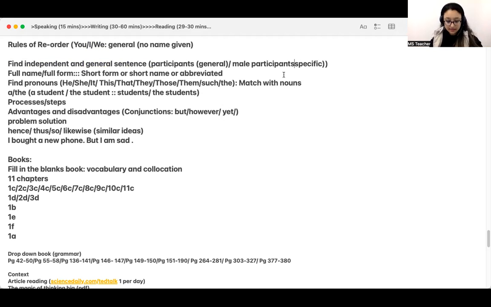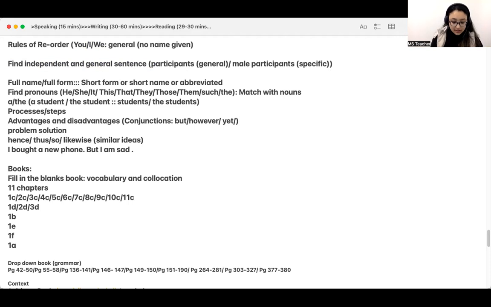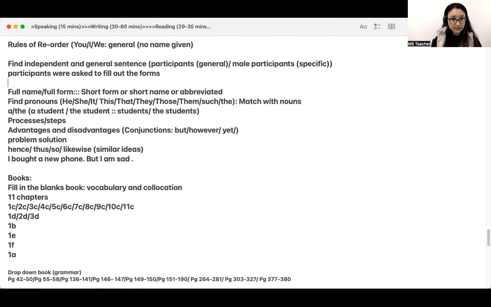And I'll give you a sentence example. Participants were asked to fill out the forms. Male participants filled out the form quickly.